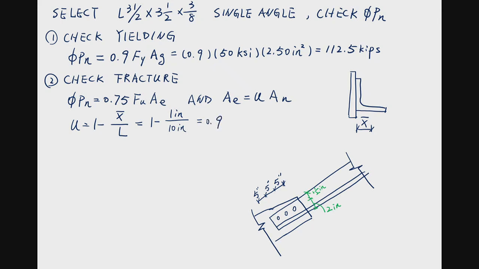Okay. And then we can calculate AE. AE equals U times AN. U is 0.9. AN is the gross section.